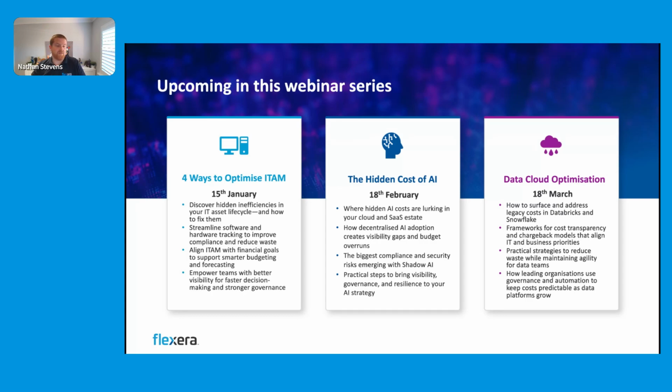And then come March, we're going to tackle another on-trend topic around data cloud optimization, looking specifically at Databricks and Snowflake. So how can Flexera help you drive a cost-optimized view of those estates as well? So plenty of great stuff coming up in the near future. Ash has put those 2 registration pages in the chat for the February and March sessions.